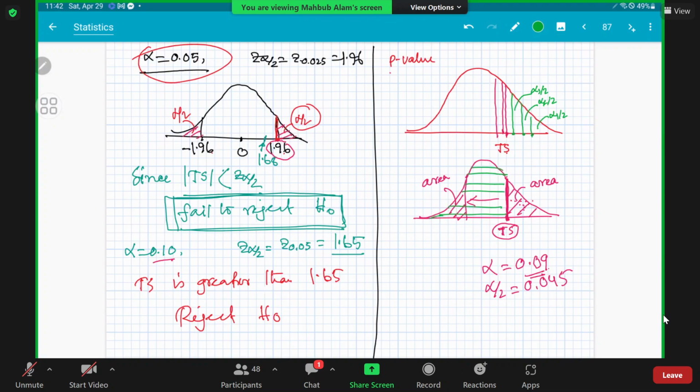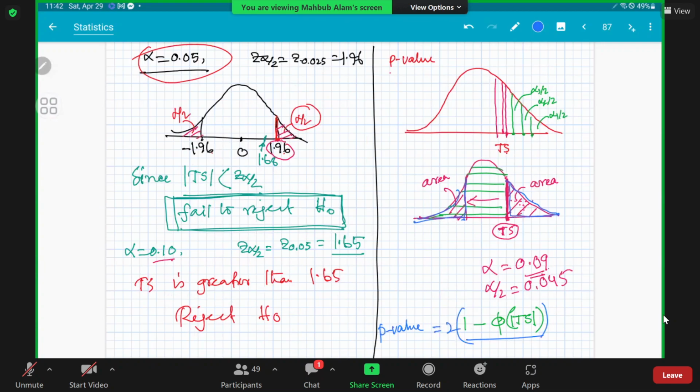So that means 1 minus phi of the test statistics gives you this area. Let me mark it again by the blue curve. This region is this one, and we have an equal portion here. So p-value is equal to 2 into this.